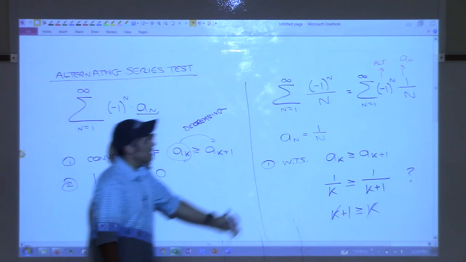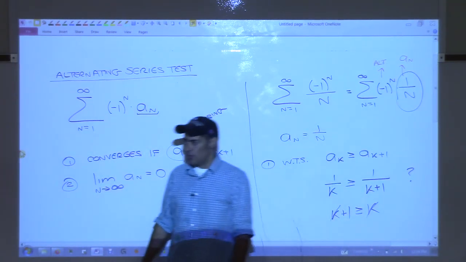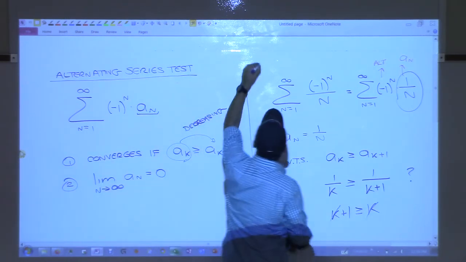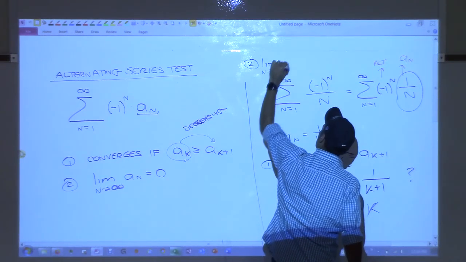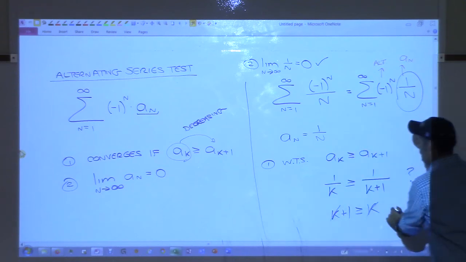That means all I have to do is take this limit, let n go to infinity, and see if it's 0, which it is. So that's my second thing here. So for 2, the limit as n goes to infinity of 1 over n equals 0. Check. Both things have checked.